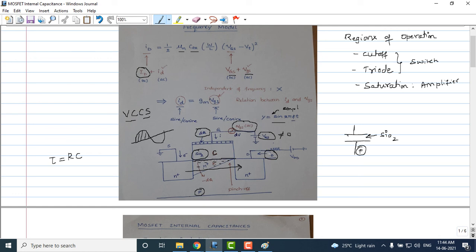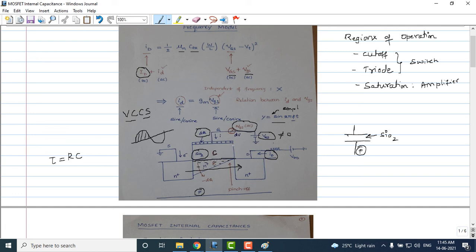This diagram shows how this drain current varies with the corresponding change in the AC gate source voltage. And what are the factors affecting this AC gate source voltage? It is the capacitance, the resistance, the amount of charges in the plate. Those are the parameters that affect this AC gate source voltage.